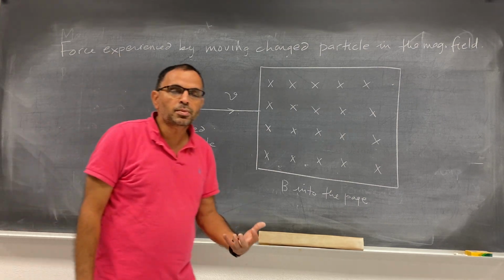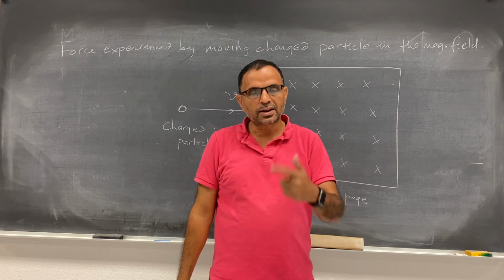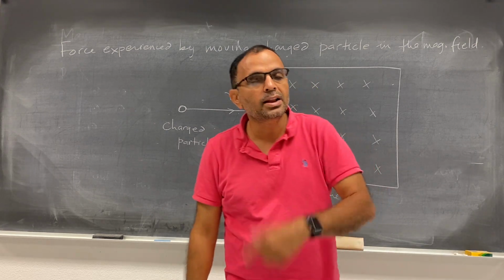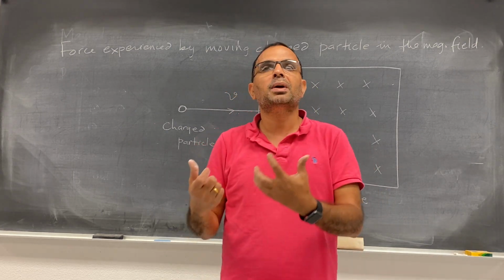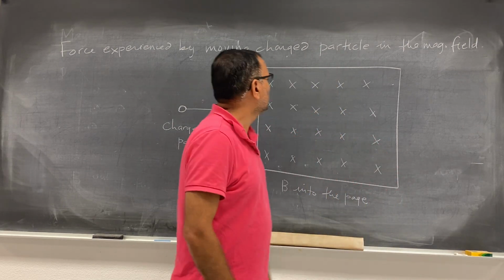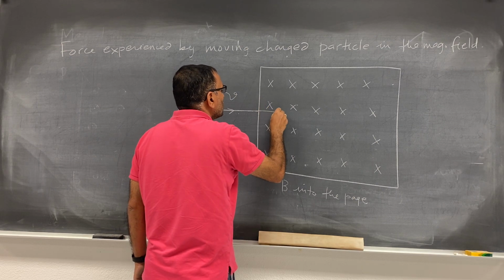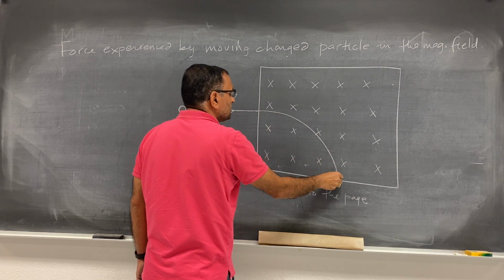It is experimentally established that if the moving charged particle enters the magnetic field, then it experiences a force, and due to that force, the charged particle moves in a circular path like this.